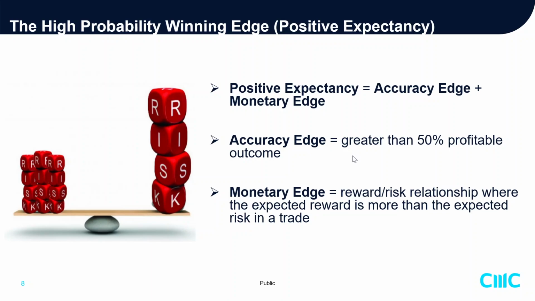It is a calculation of your trading system or strategy's win loss rate, or the win loss ratio. Your monetary edge is, in every trade setup you use, the reward risk ratio, or I call it the reward risk relationship, where the expected reward is more than the expected risk in a trade.